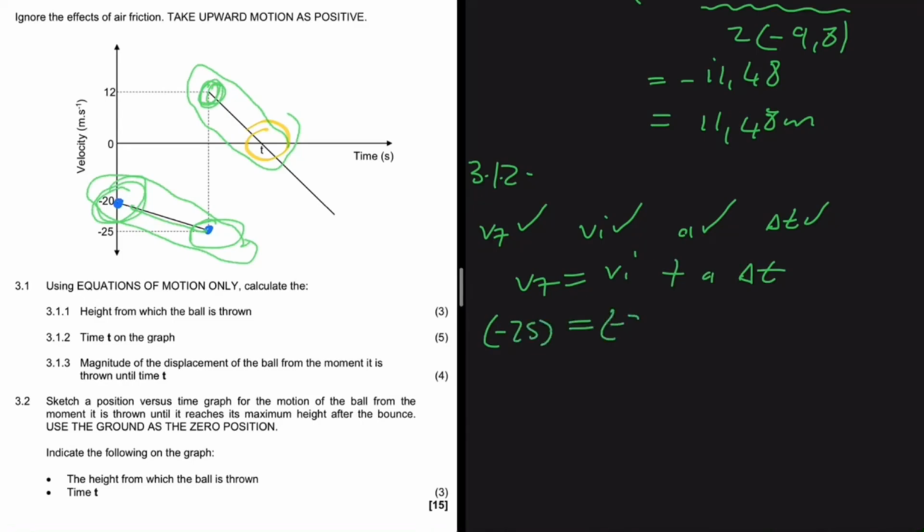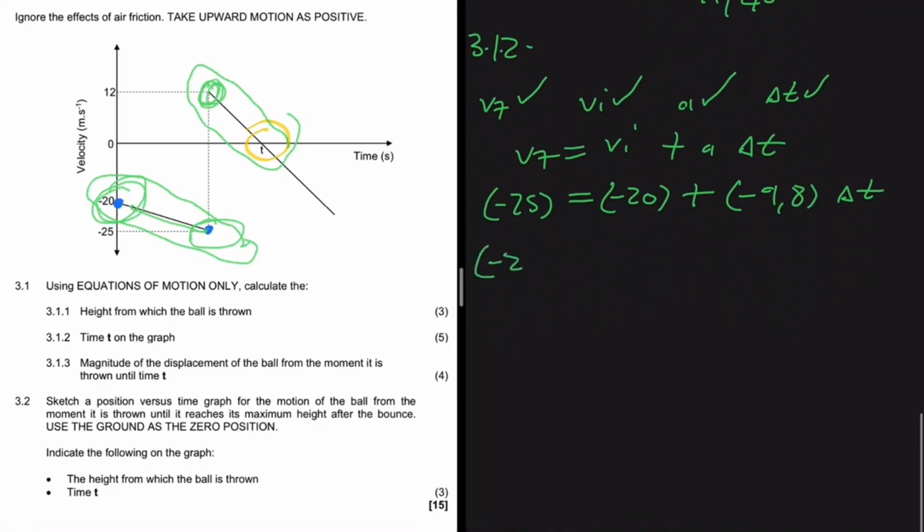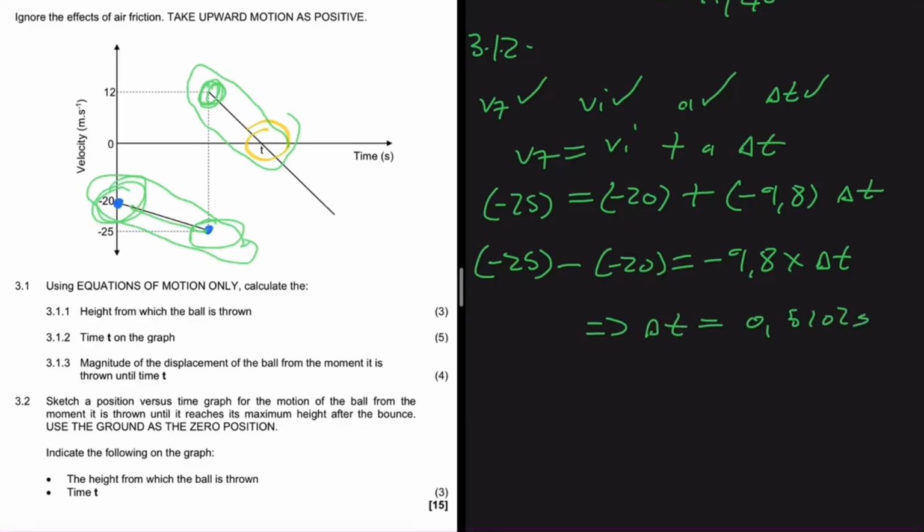And what is Vi? Minus 20. We know fully well what our acceleration is, minus 9.8, multiplied by delta t. So we're going to have minus 25 minus 20 being equal to minus 9.8 multiplied by delta t. So we divide both sides by 9.8, right? If you do that, you get delta t being equal to 0.5102 seconds, right?